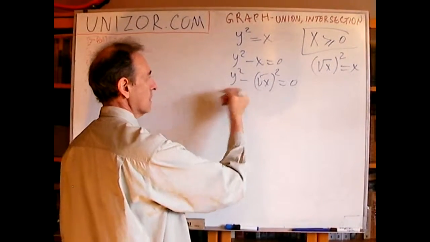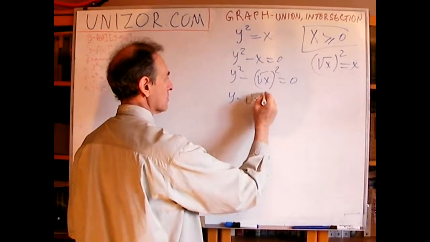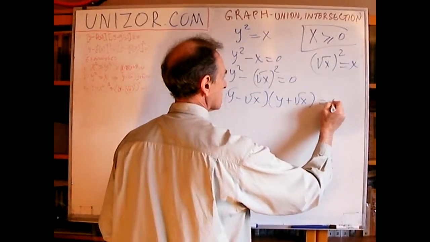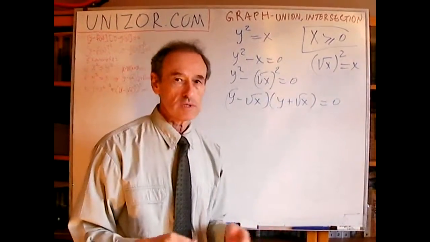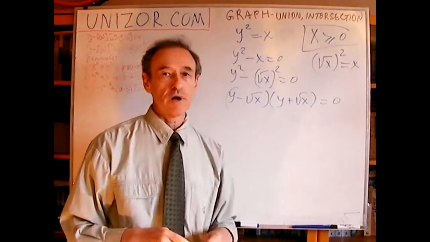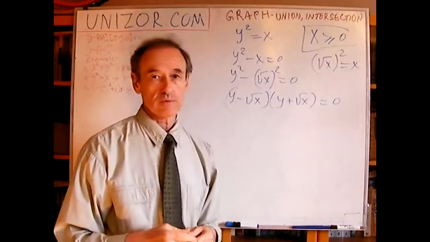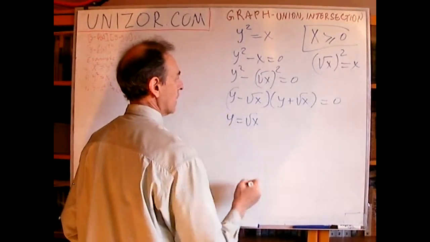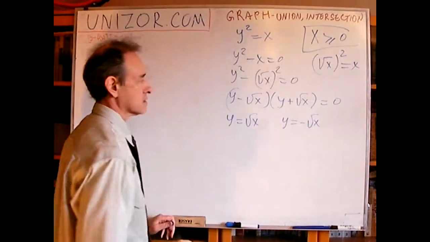Again, the difference between two squares is y minus square root of x times y plus square root of x, equal to 0. And using our considerations about when this is equal to 0, either this is equal to 0 or that is equal to 0. This gives me y equal to square root of x. This gives me minus square root of x.